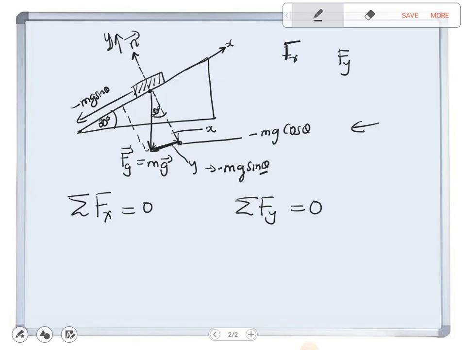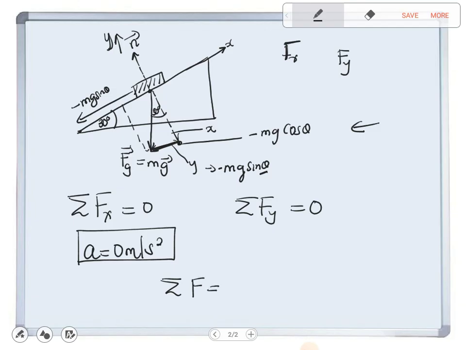So if you apply Newton's second law of motion, of course, this is not moving. It's been tied, by the way, so it's stationary. So the acceleration is 0. Because of that, all the forces that we have should give us 0.